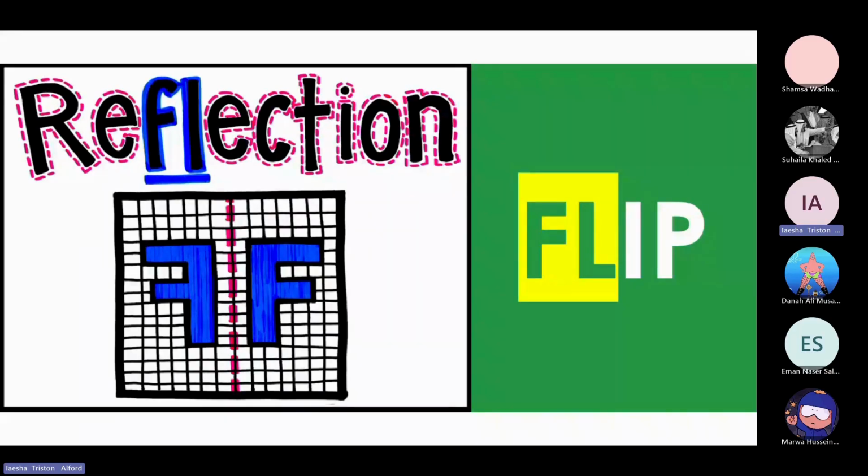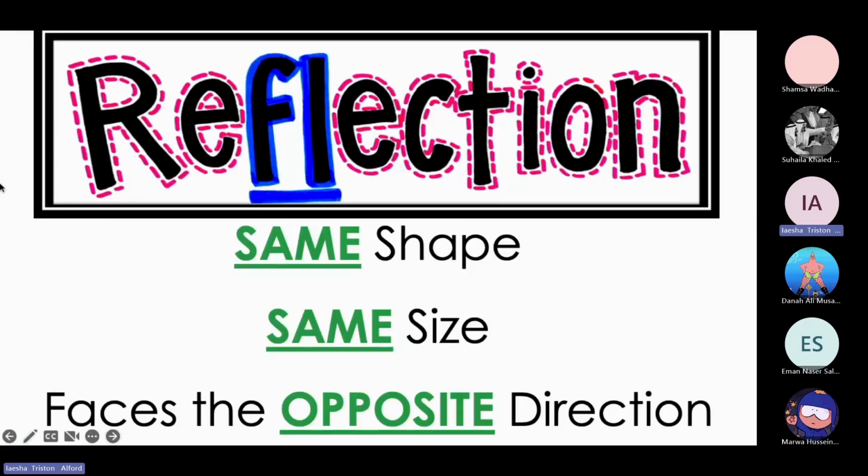Remember about the reflection. They could ask you a question like the idea of reflection. So you need to know that it always should be the same shape. It should always be the same size. And it should always be facing the opposite direction. Maybe one picture is going to be facing to the left and something else needs to go to the right.